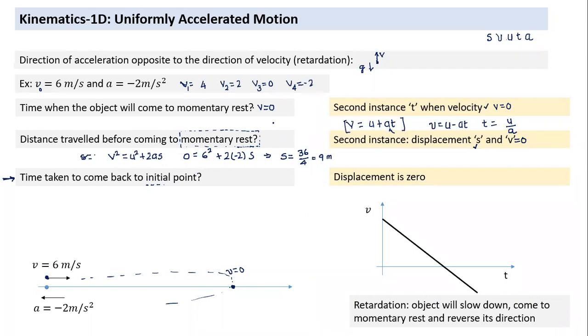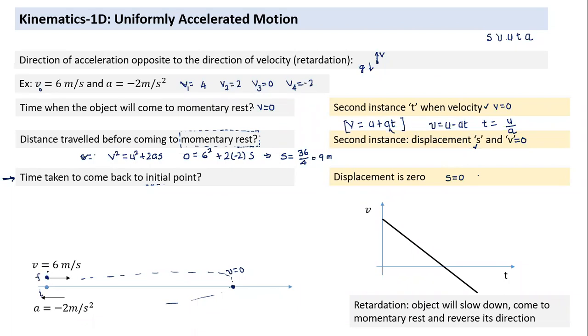I think we should learn how to interpret wordings. Displacement is 0, so S is 0 is given indirectly. And U is given. Whenever initial velocity is given, in whatever shape it is written, you have to understand: this is my first instance, it goes like this, it comes back, and this is my final instance.